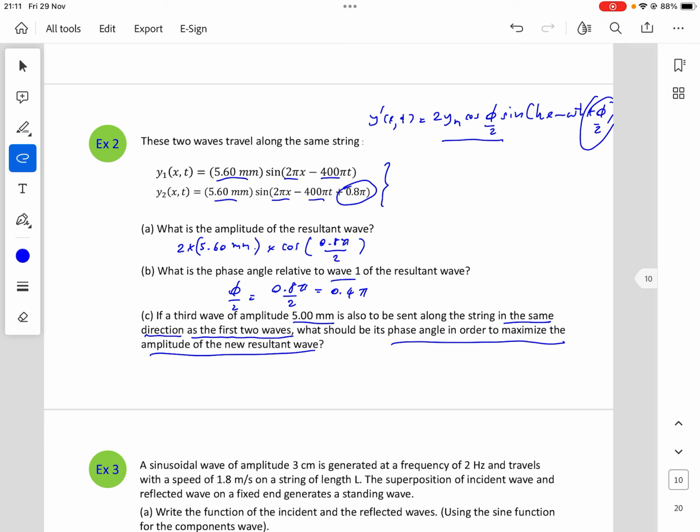You might say, now we deal with sine functions with different amplitudes. How could we do that? These two have 5.6, this one also 5.6, and we have a new wave with 5 millimeter amplitude.